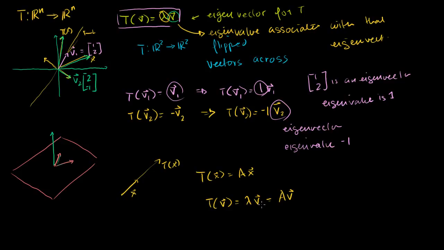So in this case, this would be an eigenvector of A, and this would be the eigenvalue associated with the eigenvector. So if you give me a matrix, it represents some linear transformation. You can also figure these things out. Now, in the next video, we're actually going to figure out a way to do that.